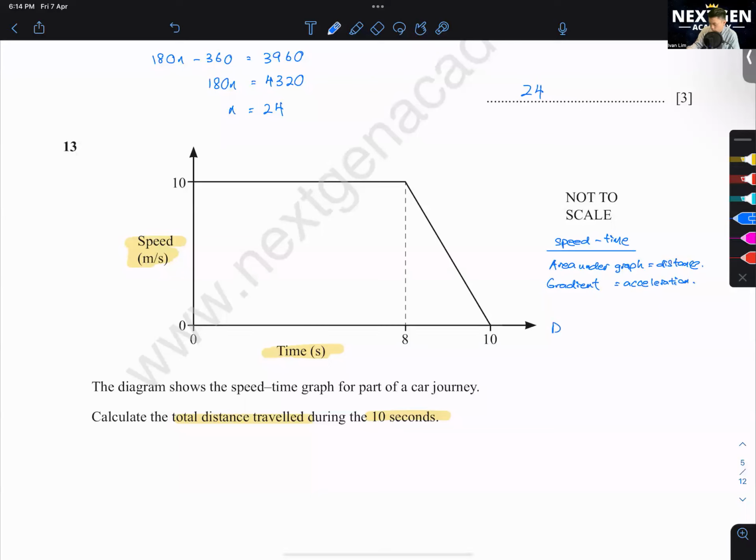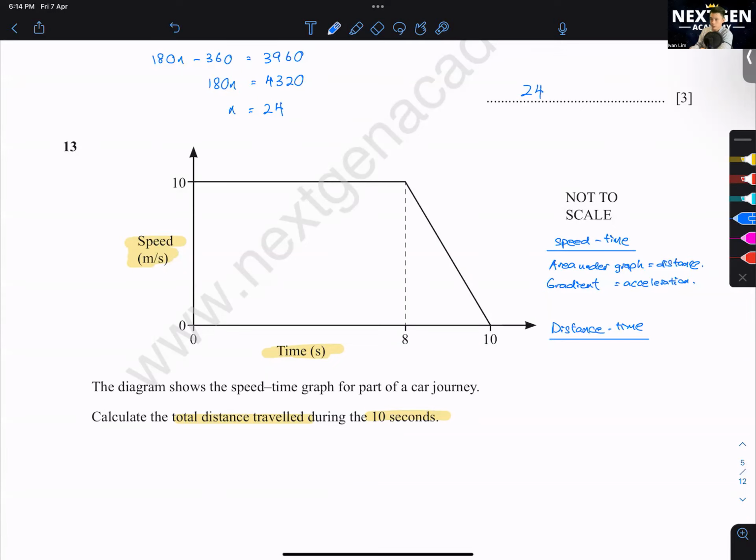For distance time, what can we find from the distance time graph? It may look exactly alike, but the meaning is totally different. Recall back, s equals d over t.